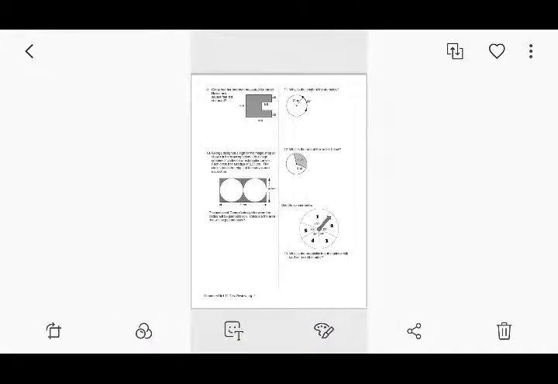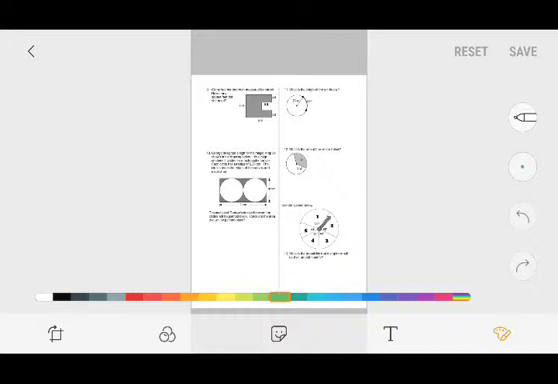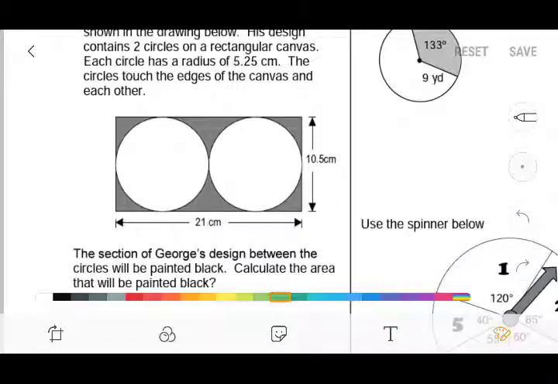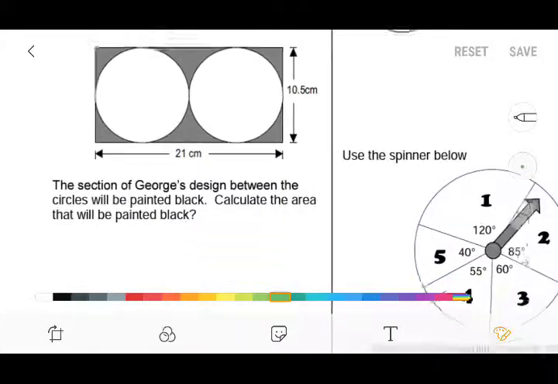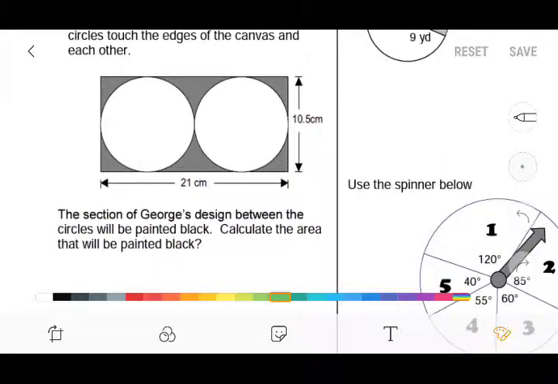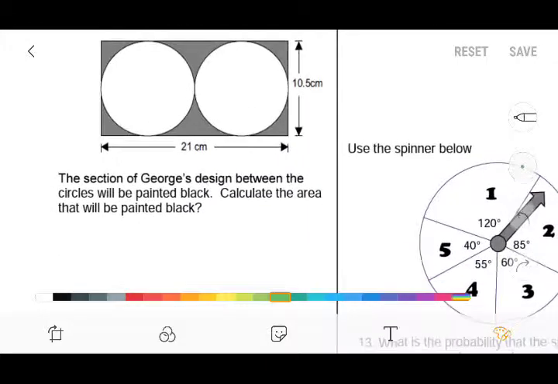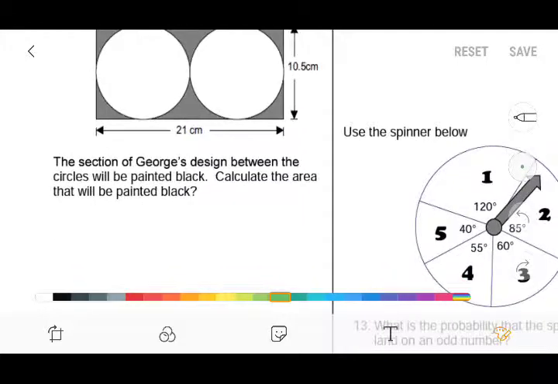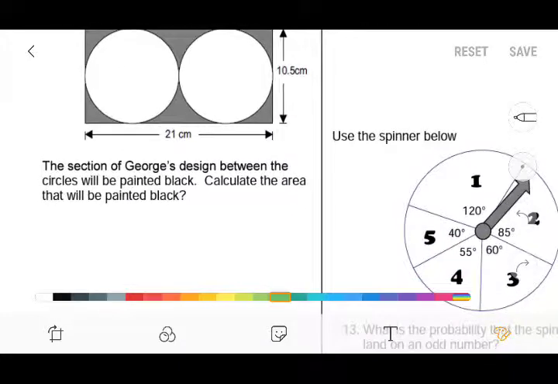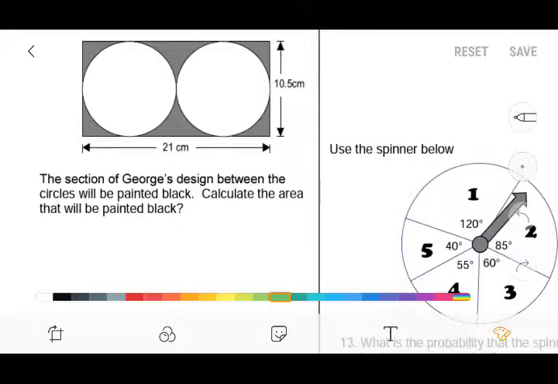Okay, here's the second page. Calculate the area that will be painted black. Okay, so we're looking for the shaded area. So let's do the total area first. Where's my marker?